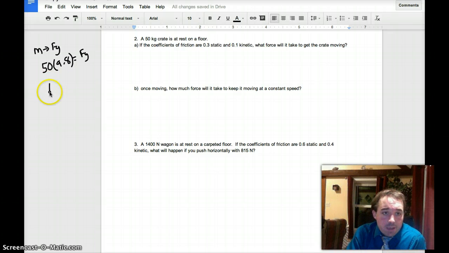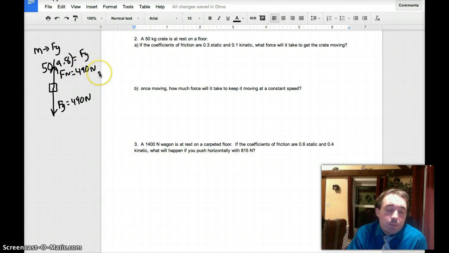So on my free body diagram, which I need, I've got a weight of 490 newtons. Same thing, on a floor, my normal force is also 490 newtons. We are going to be doing problems where these two aren't the same, but that is not for this quiz.